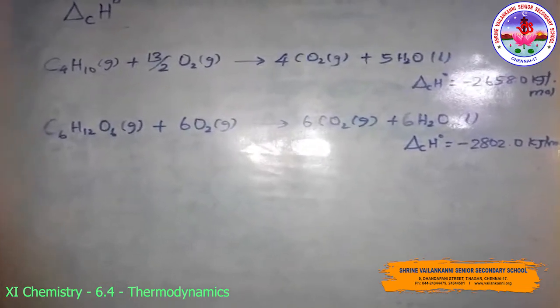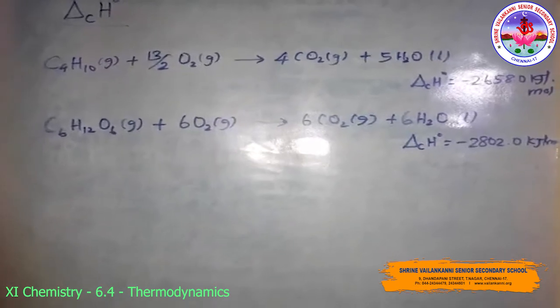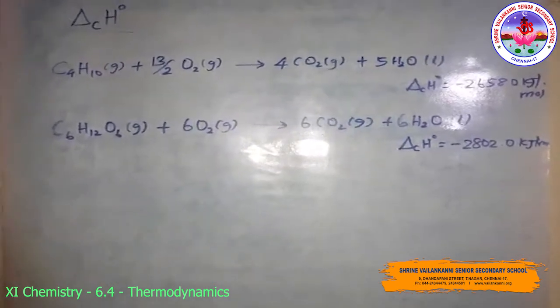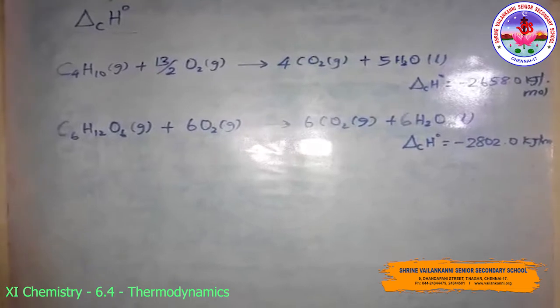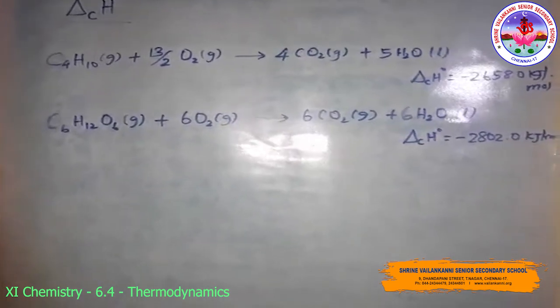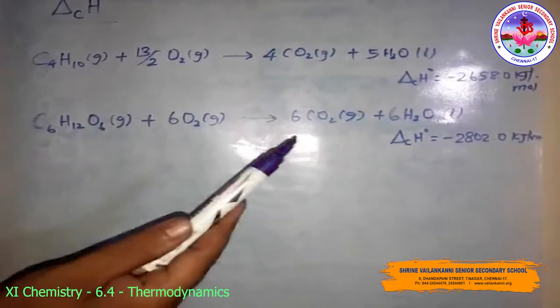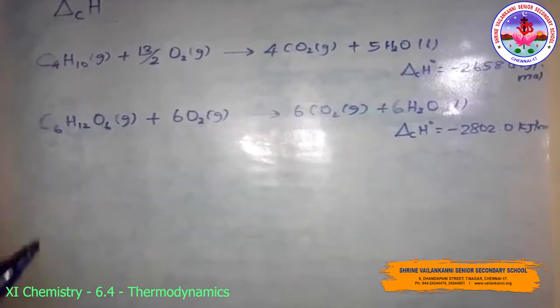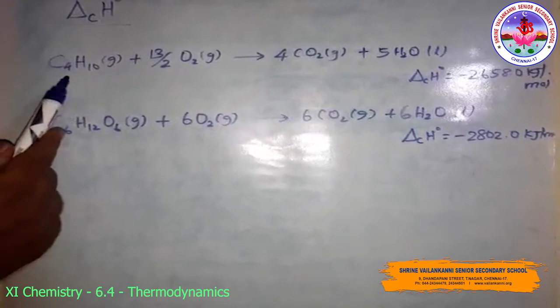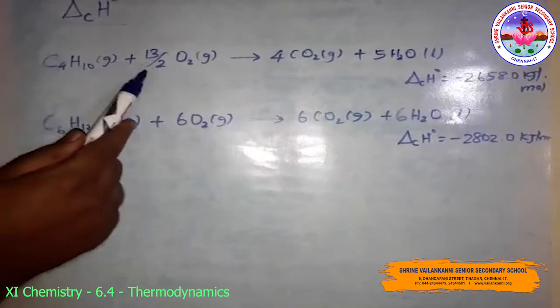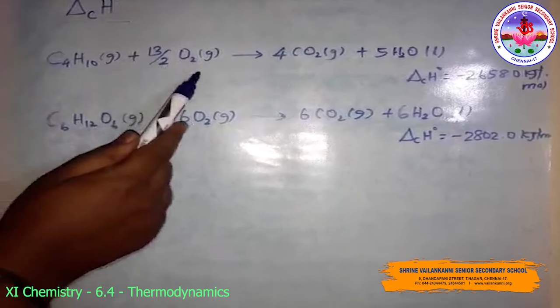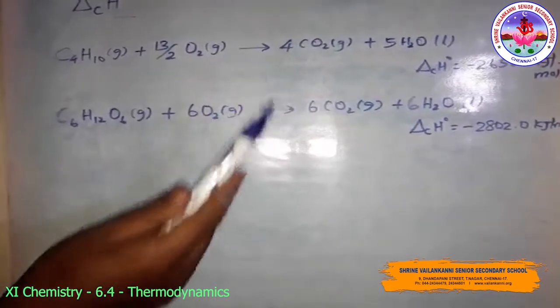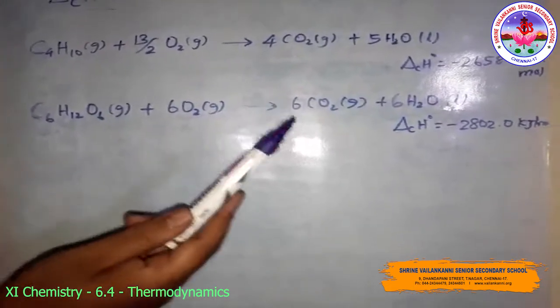The cooking gas cylinder contains mostly butane. During the complete combustion of 1 mole of butane, 2658 kilojoules of heat is released. So this is the equation: butane gas reacts with 13/2 moles of oxygen gas to form 4 moles of carbon dioxide and 5 moles of water.